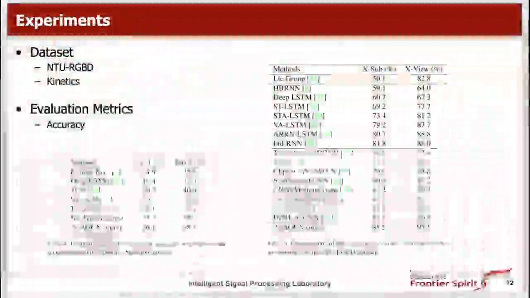Okay. So it seems that Table 3 shows better performance compared to the Kinetics dataset. For Kinetics, how is it different in the way the data was acquired?